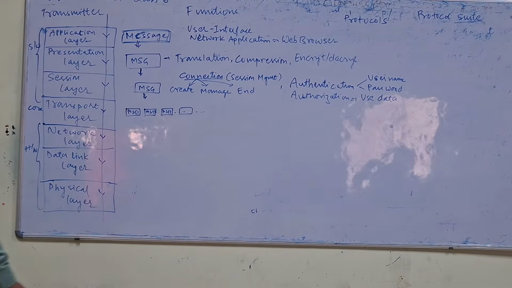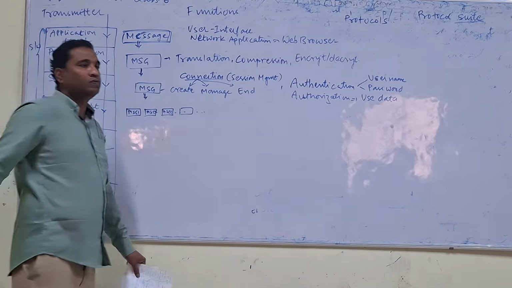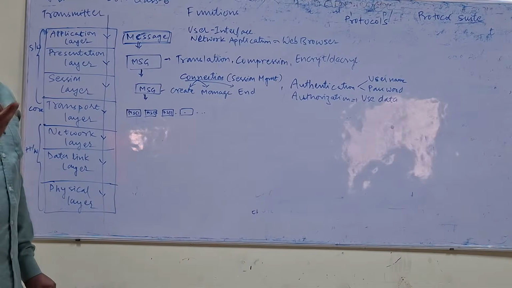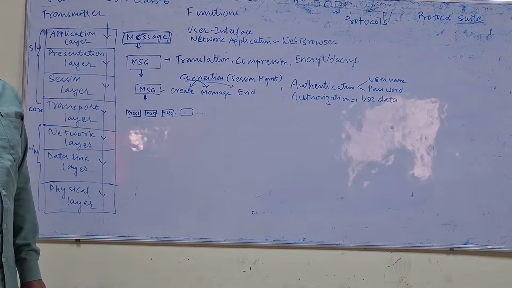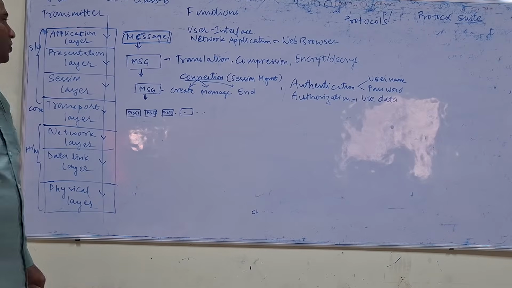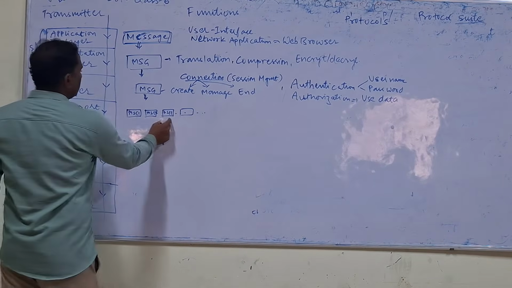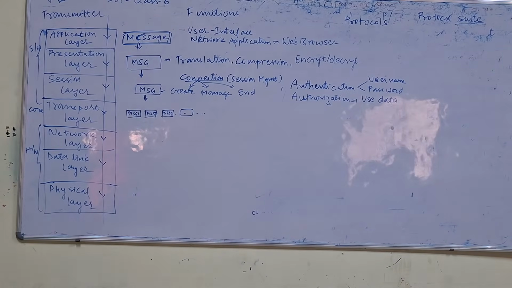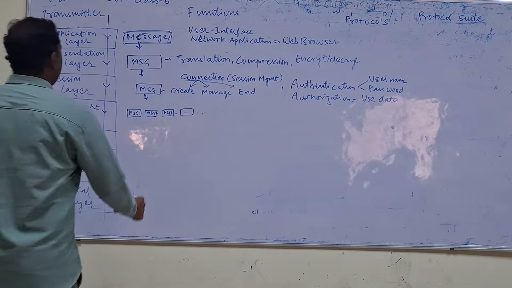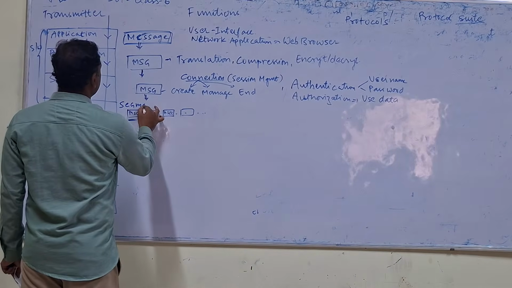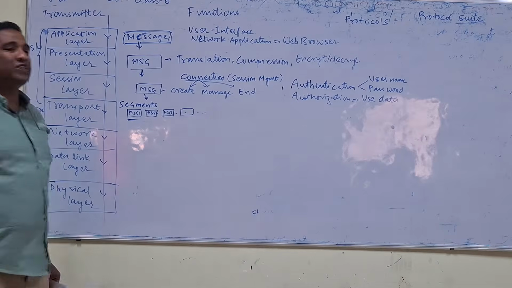For example, if you transmit one message at once and it is lost, it is lost. Yes or no? But if you break it into pieces and transmit, and one of the segments is lost, no problem. Clear? Here in the transport layer we refer to these as segments.